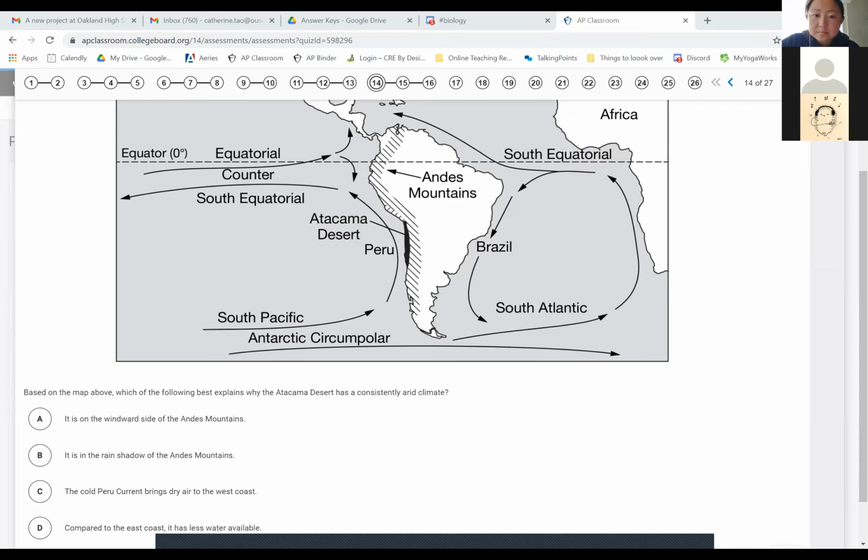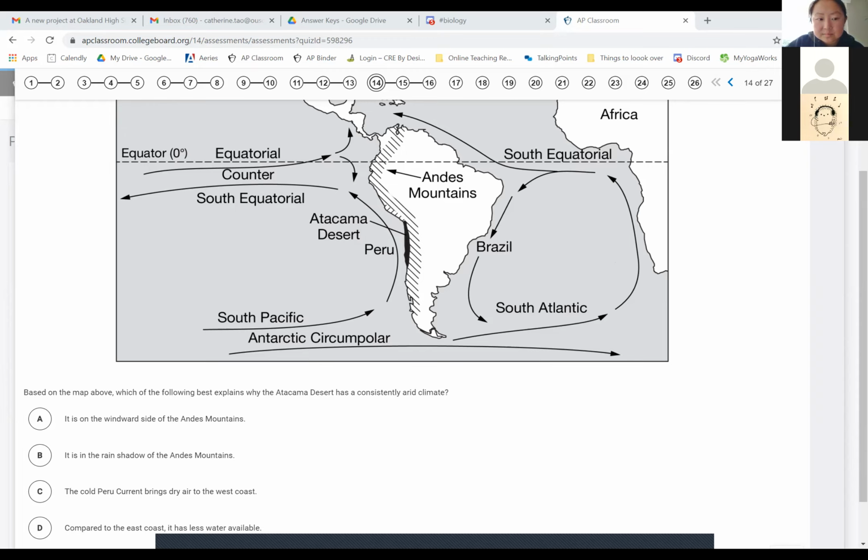But I think the most important thing to take away from this diagram is the currents. So obviously from D, there's really no difference because both sides of the coast have water. And then the rain shadow, that has something to do with rain, but that would mean it would have more moisture, which is the opposite of an arid climate.